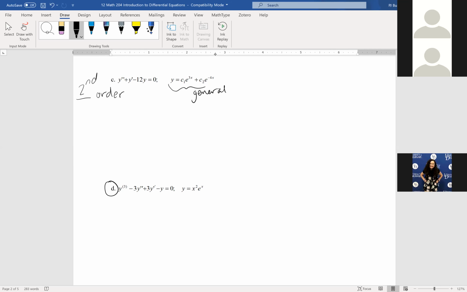Our test to prove that this is in fact a solution. Because it's second order, we need y prime first. So the first derivative of this function is going to be 3c1 e to the 3x plus, actually negative, because there's a minus 4 c2 e to the minus 4x.